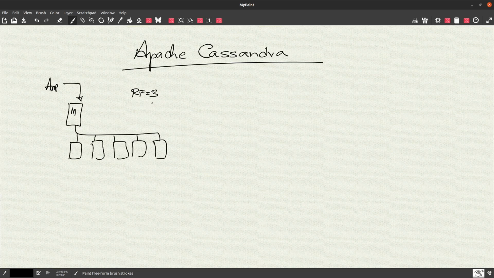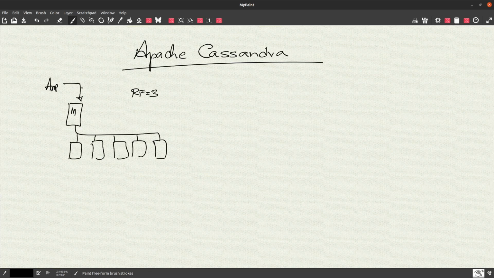I'll give you a scientific explanation of why 3. Anything less than 3 causes system degradation, and anything above 3, the law of diminishing returns kicks in. So 3 is the sweet spot, like the Goldilocks zone where our planet Earth is. Anyway, coming back to Cassandra.